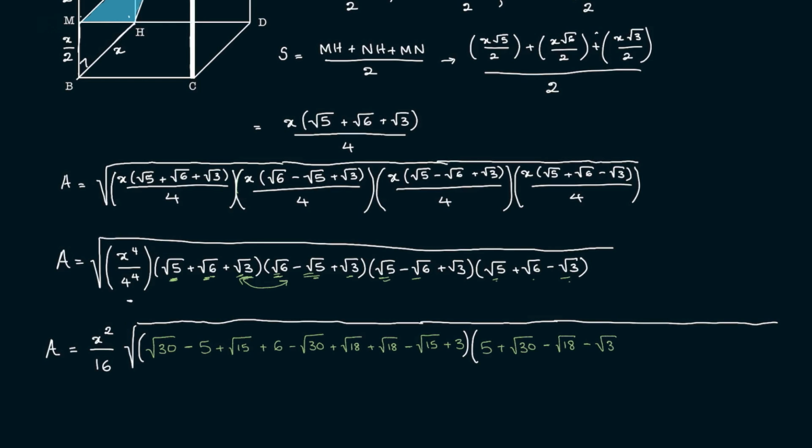Negative root 6 times root 5 is negative root 30. Negative root 6 times root 6 is, well, it's negative 6. And next, negative root 6 times negative root 3 is a positive root 18.